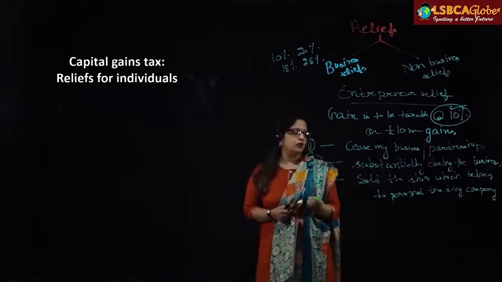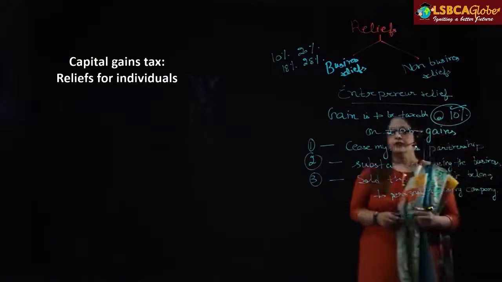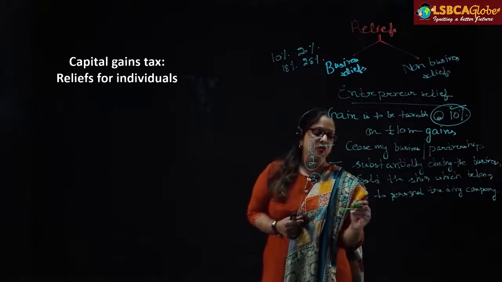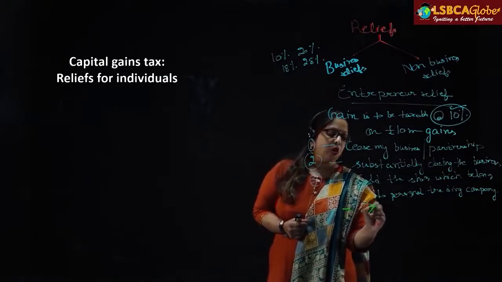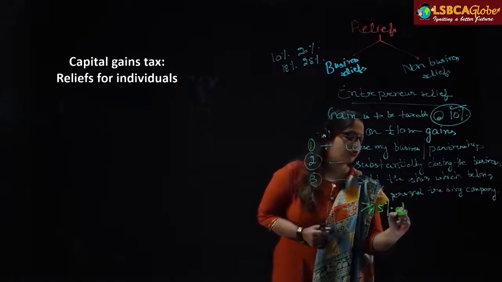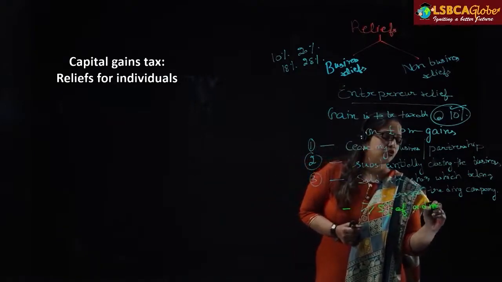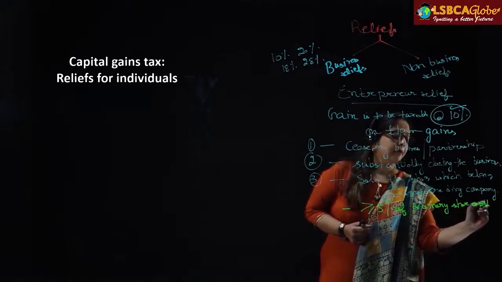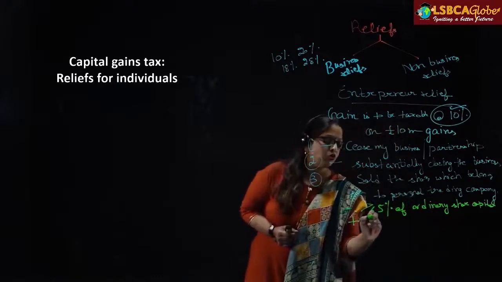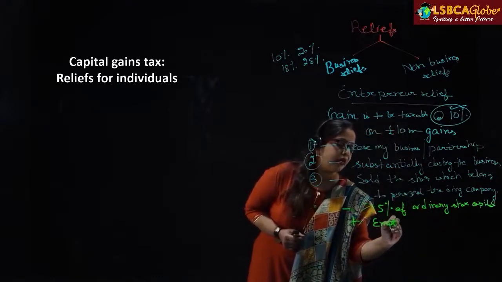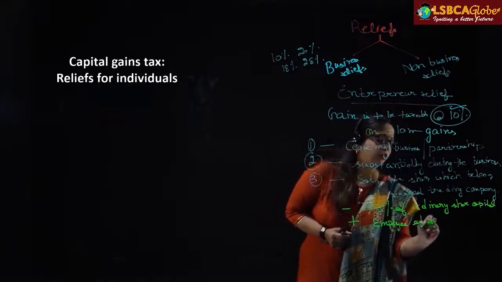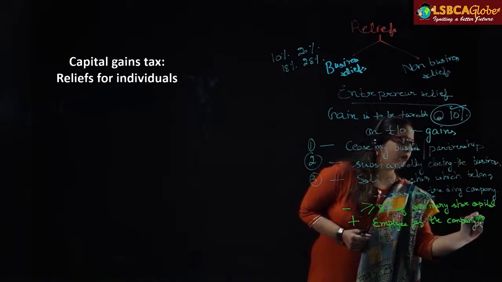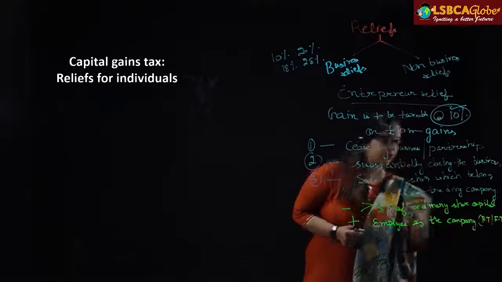Now class, just listen, what is the personal trading company? A personal trading company is that company in which the person is having shares greater than or equal to 5% of the ordinary share capital. Means the person should have at least 5% of the ordinary share capital, plus he should also be an employee of that company, part-time or full-time, doesn't matter.